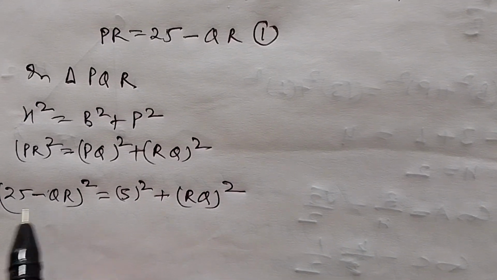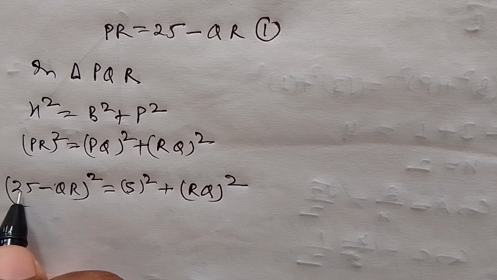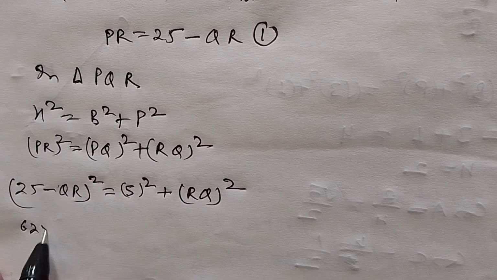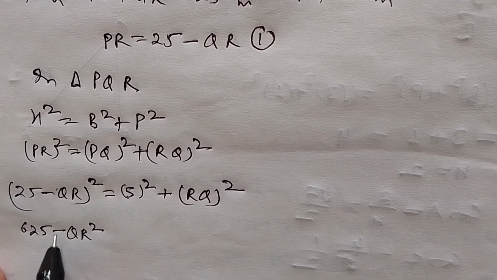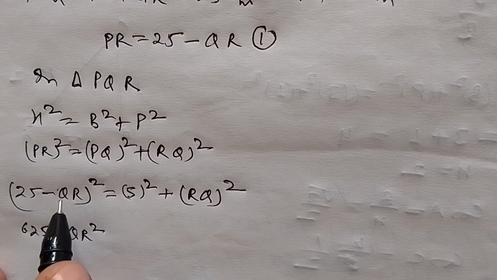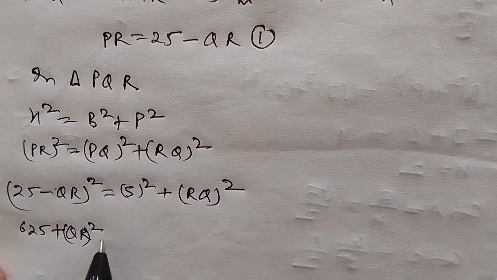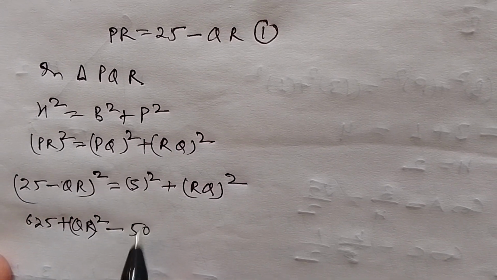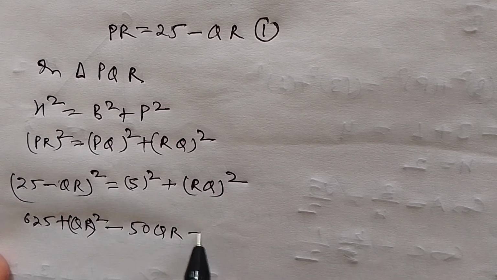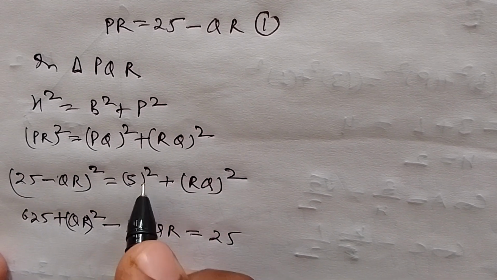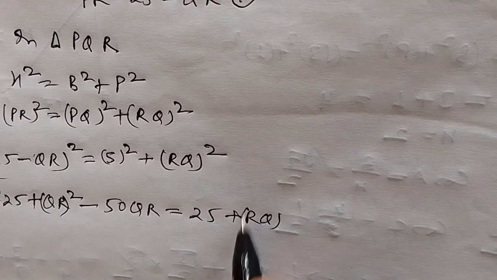So for this we will do the simplification. 25 multiplied by 25 is 625, minus 50 QR, plus QR square, is equal to 5 multiplied by 5, 25, plus RQ square.